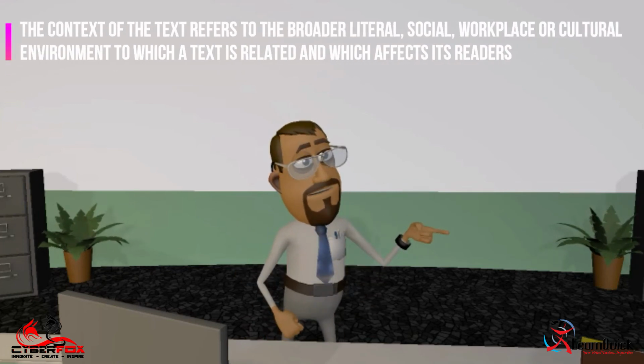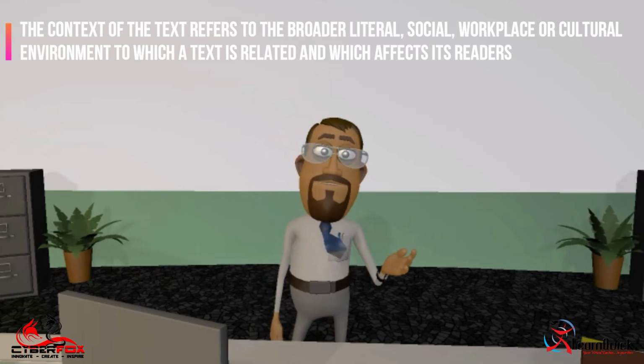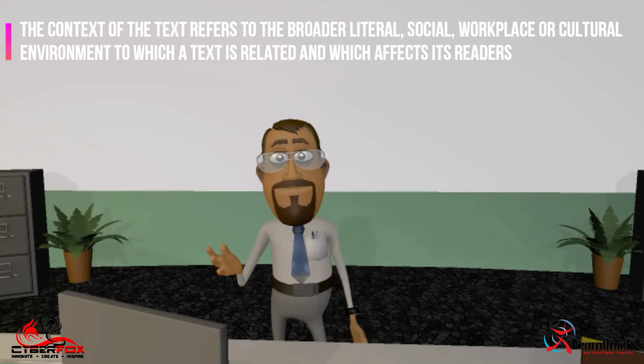The audience may further be categorized by the level of information they have on the subject. The context of the text refers to the broader literal, social, workplace, or cultural environment to which the text is related and which affects its readers.